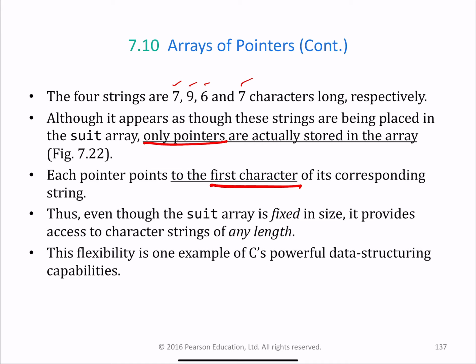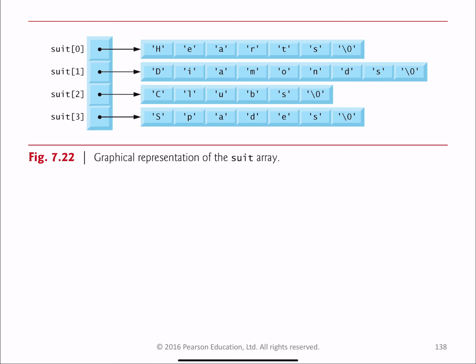Now the array called suit that we just defined is fixed in size. But it can access character strings that can be of any length, different lengths even, as we see up here. And this is a nice flexibility that we have in C. So in this particular example, this is what this array of pointers would look like.